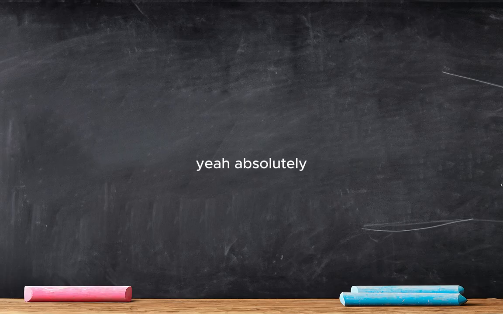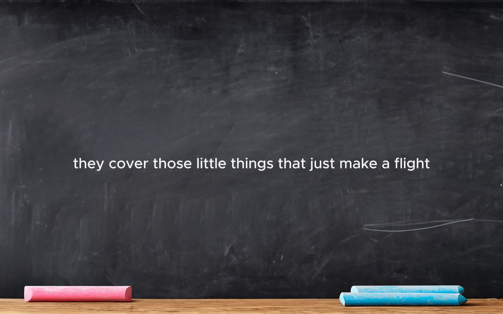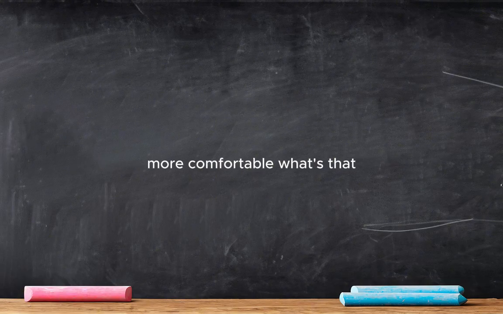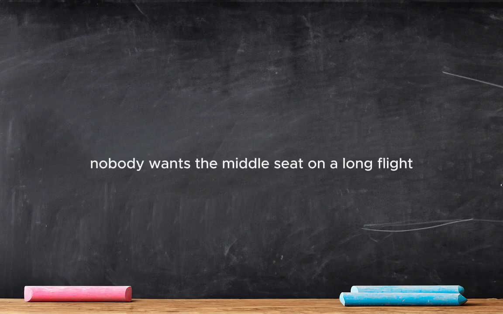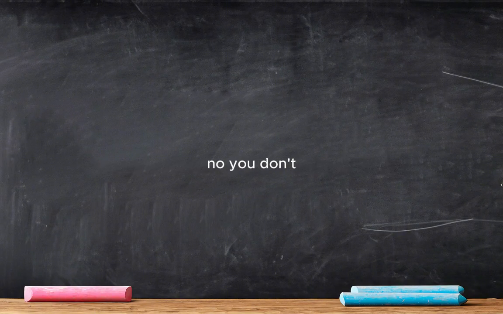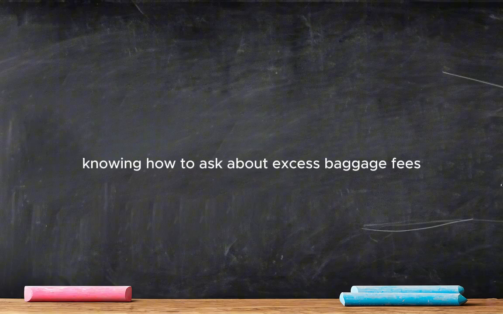Absolutely. And you know what I love about these intermediate phrases? They cover those little things that just make a flight more comfortable. Like how to request an aisle seat. Oh, yeah. That's a good one to have. Nobody wants the middle seat on a long flight. No, you don't. And speaking of potential stress points, knowing how to ask about excess baggage fees.